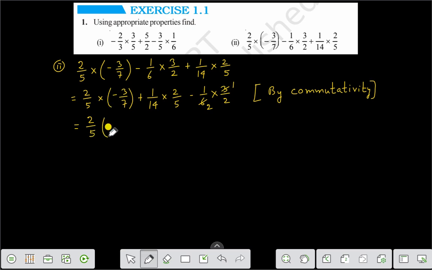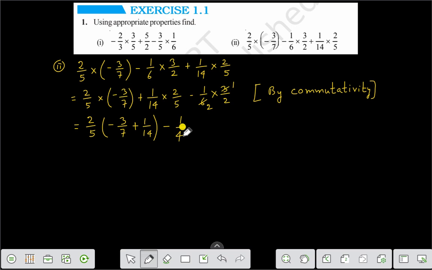So we can write 2 by 5 into minus 3 by 7 plus 1 by 14, minus 1 by 4.